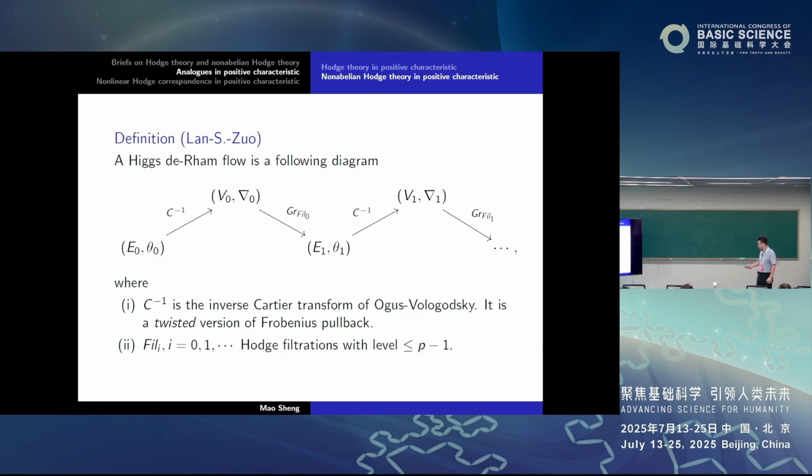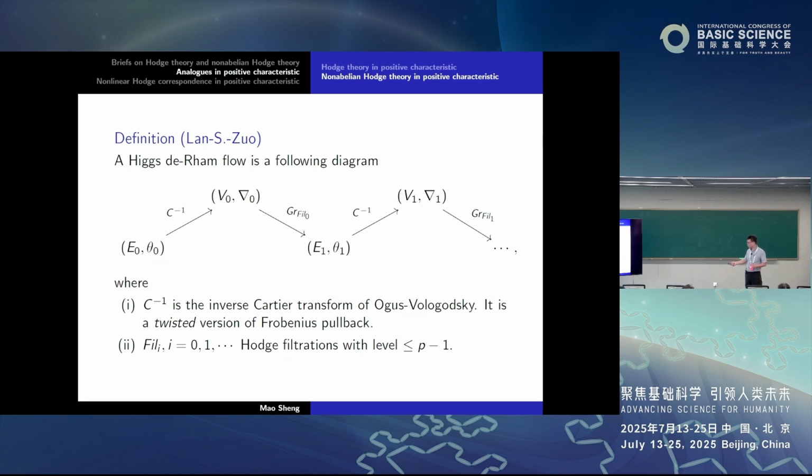Here the freedom of the flow is, you see, the inverse Cartier is fixed. If you fix the lifting, the inverse Cartier is fixed, so (V_0, nabla_0) is fixed, but the choice comes from the choice of the filtration Fil_0. So for example, you can take Fil_0 to be the trivial filtration.